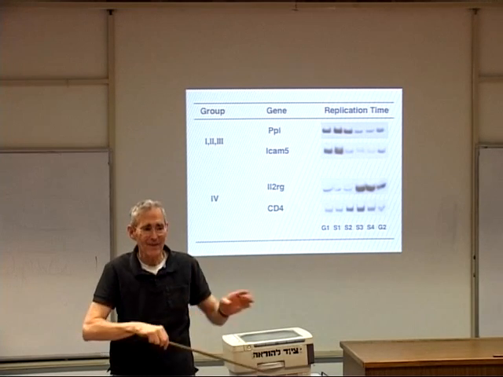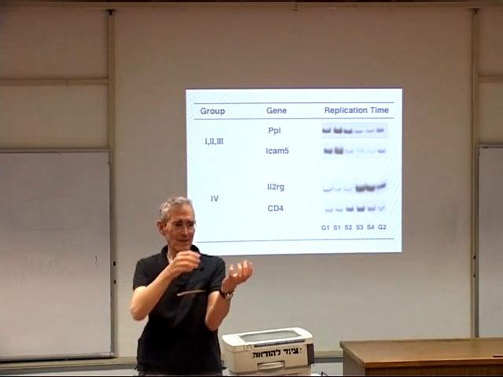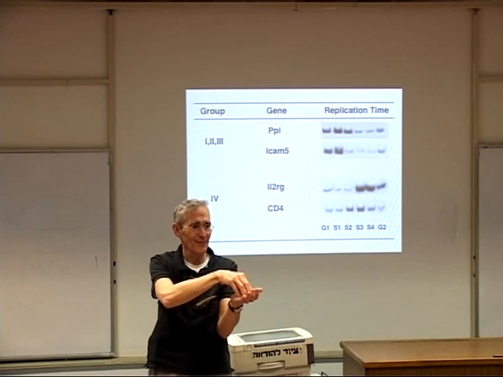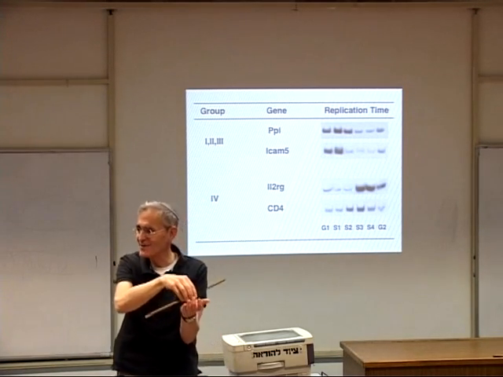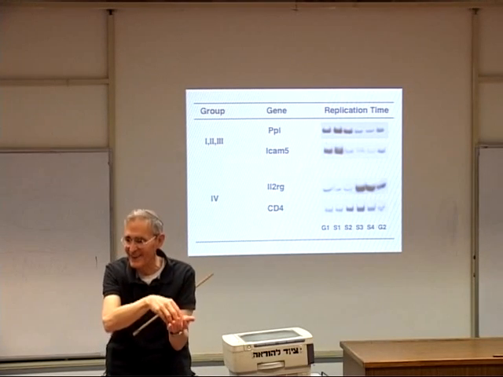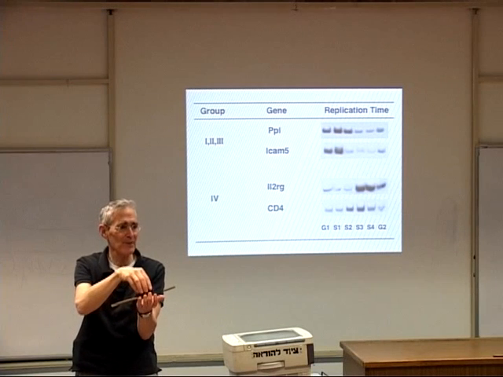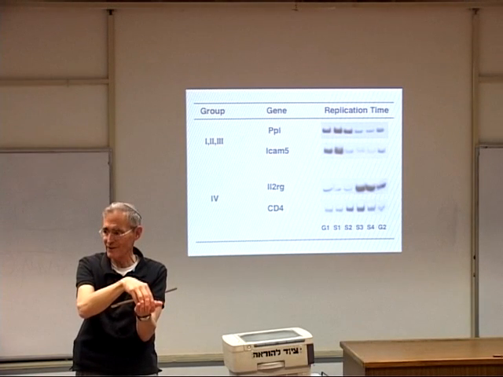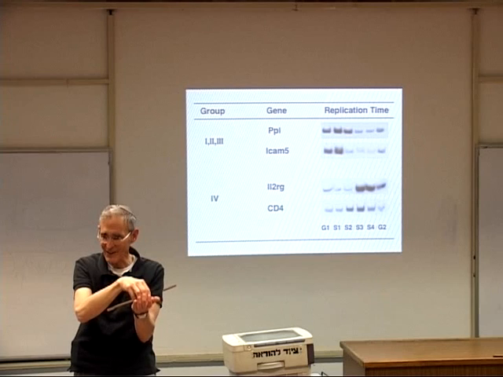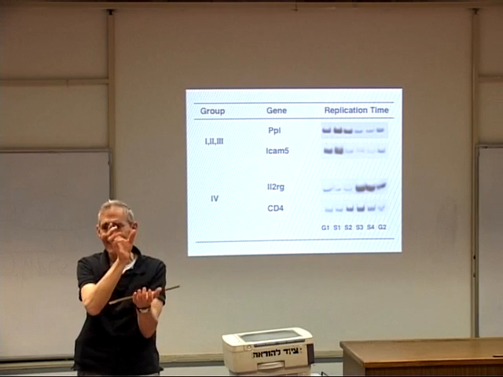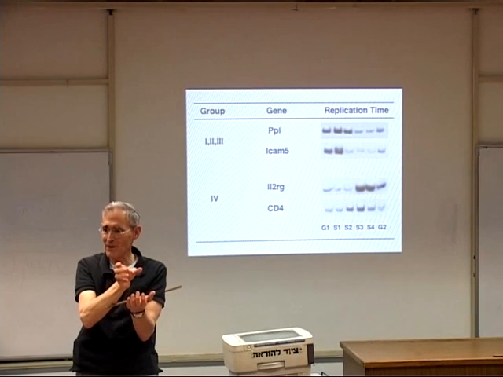Okay? So now I have in test tubes the BrdU DNA from early S. So this contains all of the genes that replicated in early S. Next fraction, I have the BrdU DNA from the second fraction of S. This fraction of DNA contains all of the genes that replicated in the second part of S.